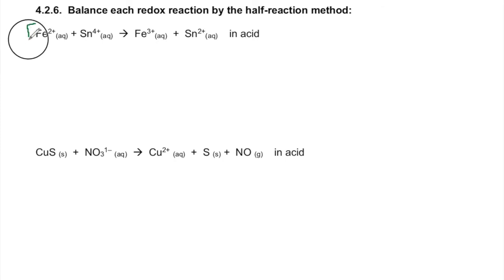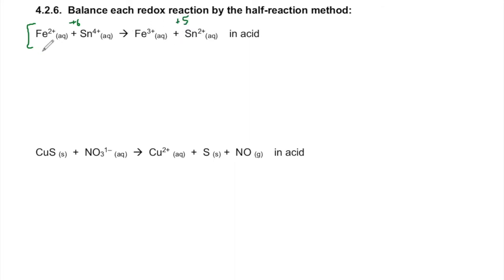And this equation, if you are just balancing the elements, we have 1 iron, 1 iron, 1 tin, 1 tin. So this looks by the elements as if it's already balanced. But if you look at the charges, this side has +2 and +4. We have a +6 altogether. This side has +3 and +2. We have +5 altogether.